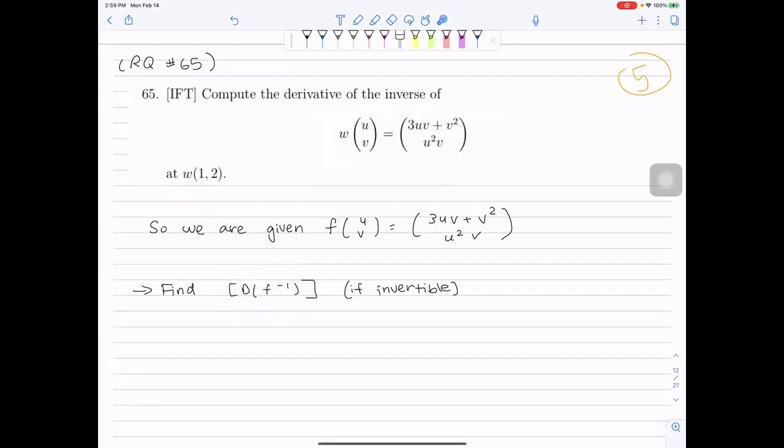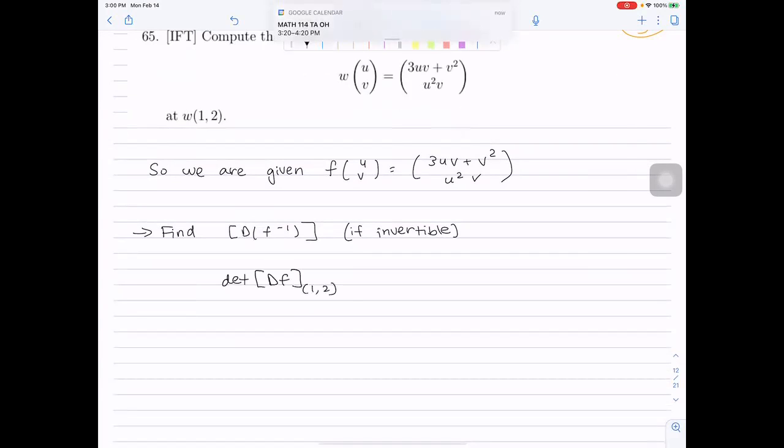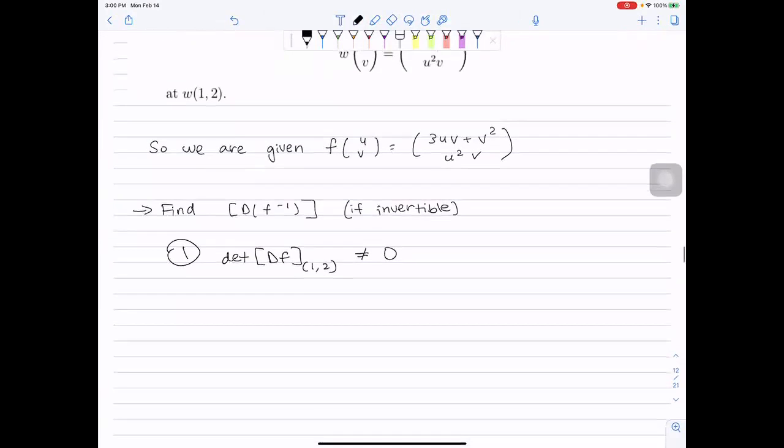If you were given a matrix and you want to find its inverse, what should we check? Yes, correct. Checking if it's invertible means that the determinant of our derivative at the point should not equal 0. So the first thing we always check is, is it even invertible at all?